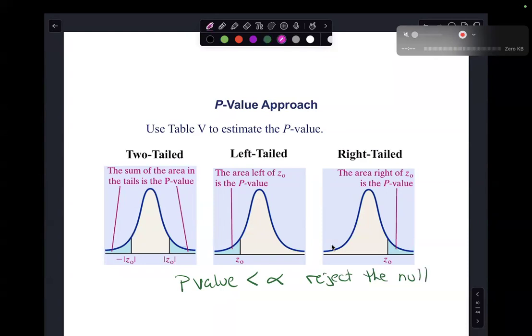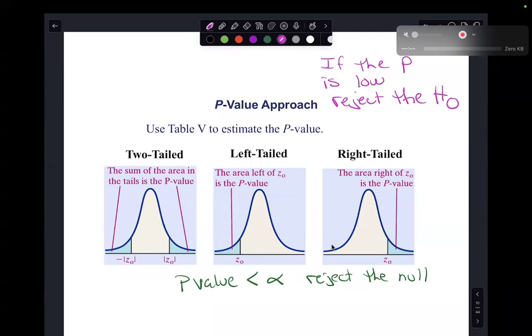Okay, and I will tell you the funny thing that I teach my high school kids, because high school kids are a little silly, but we're adults and we can be a little silly. This is what I tell them. This is how they remember it. If the P is low, reject the hoe.